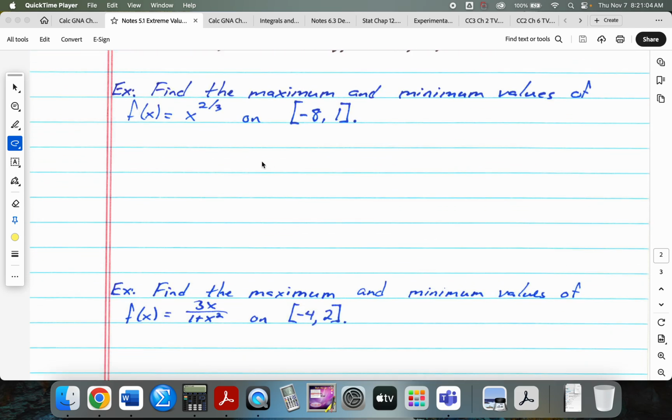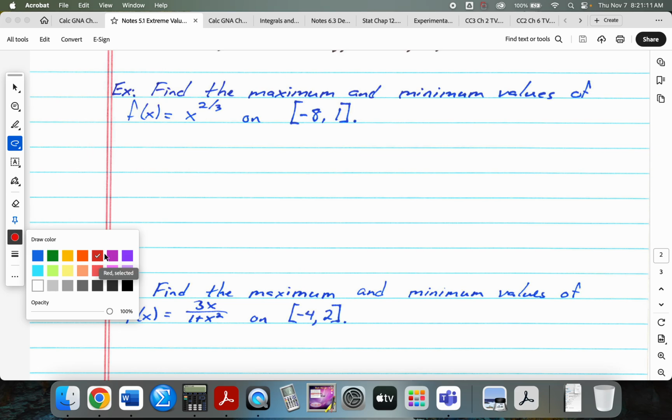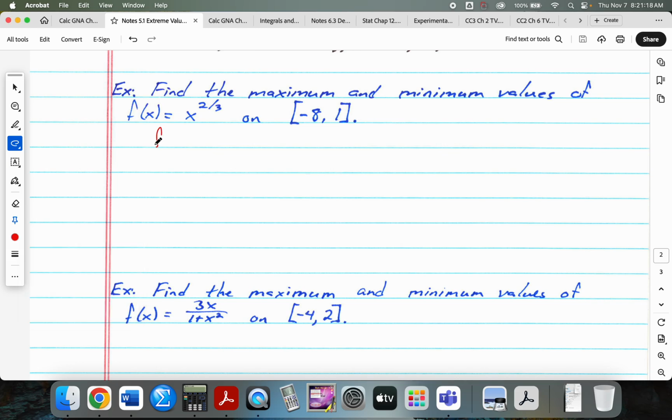So notice the maximum and minimum values. Again, that's understood to be the absolute maximum and the absolute minimum. So we'll take the derivative, f prime of x, and that's 2/3 x to the negative 1/3, or 2/3 cube roots of x.